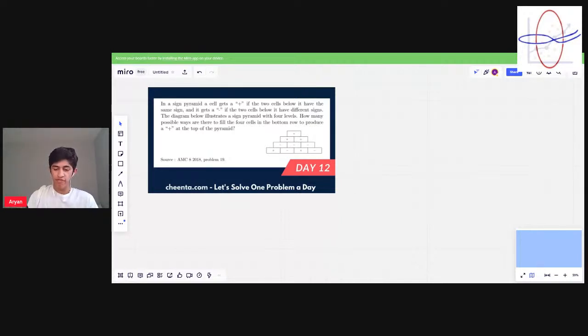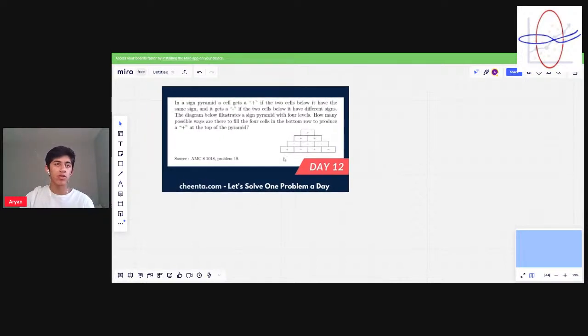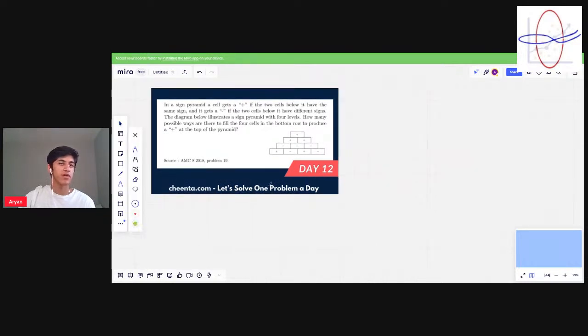Okay, so let's experiment with this a little bit to make sure we understand the problem. For example, we have a plus minus in the bottom in the example given. If we look at the first 2 cells on the left, this plus and this minus are different signs, so we make this cell here a minus.